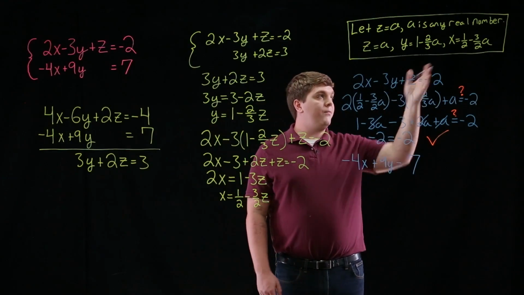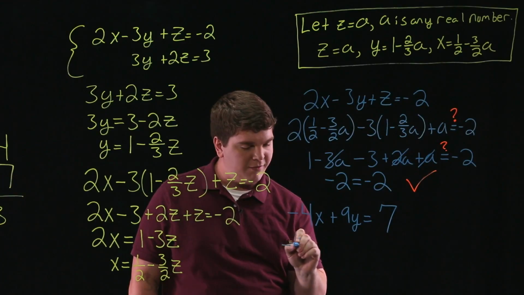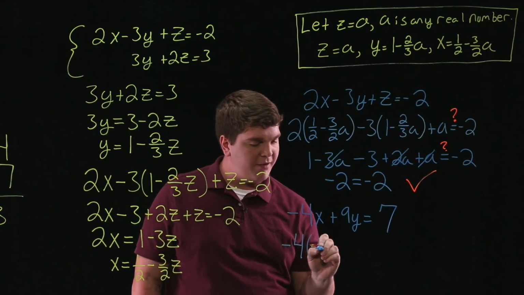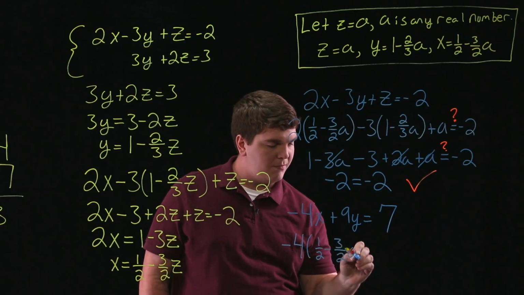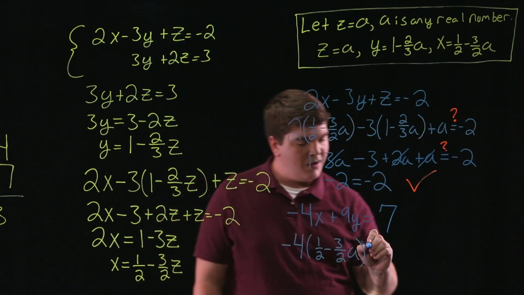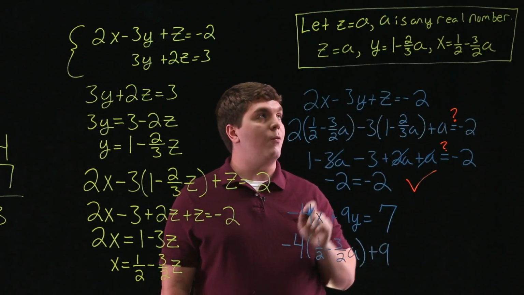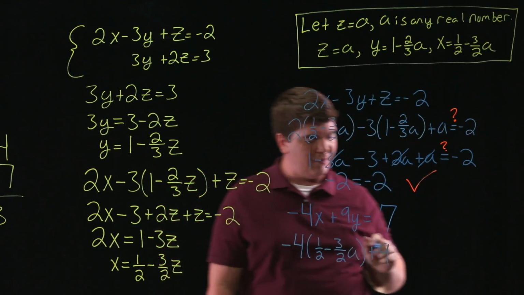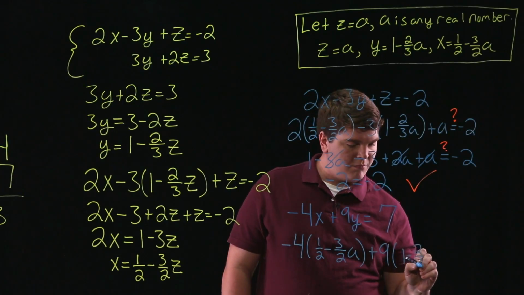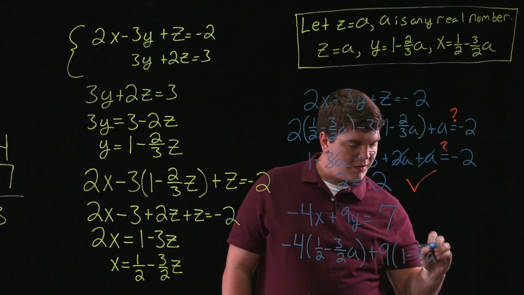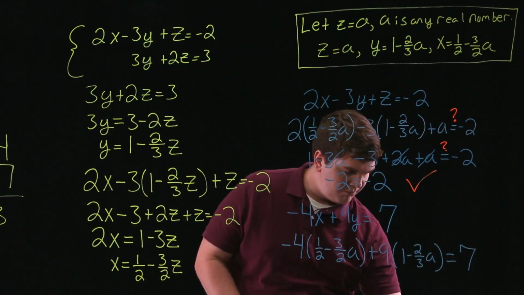So we'll substitute 1/2 minus 3/2 a in for x, and we'll have negative 4 times 1/2 minus 3/2 a, plus 9 times, we'll substitute 1 minus 2/3 a in for y. And we want to know, is this equal to 7?